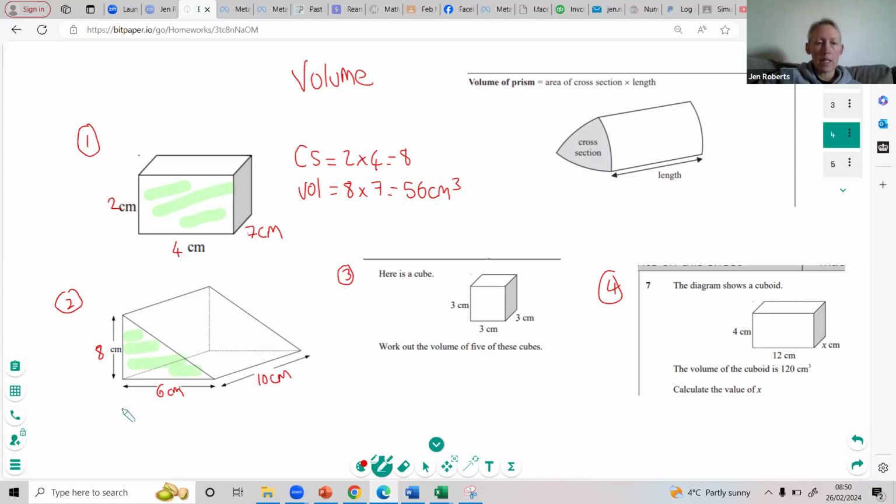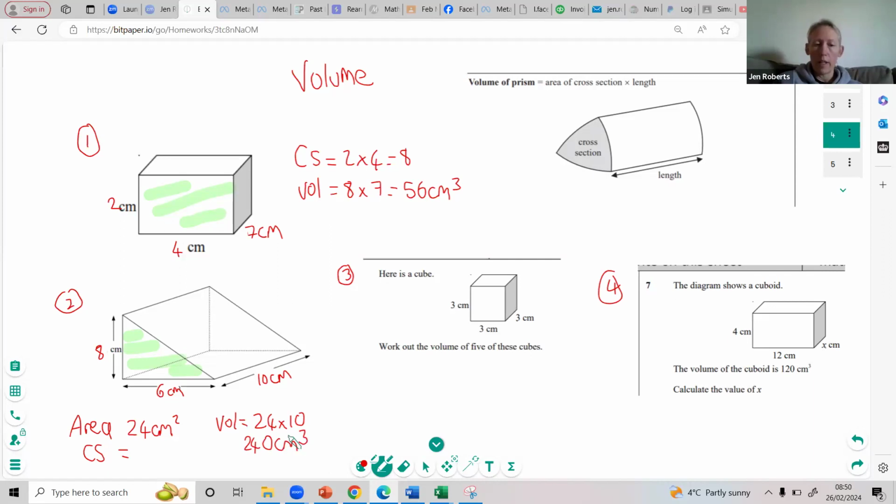Base times height divided by 2. 8 times 6 is 48. Divided by 2 is 24 centimetres squared. The area of your cross section. I'm going to times that by the length to get our volume. 240 centimetres cubed.